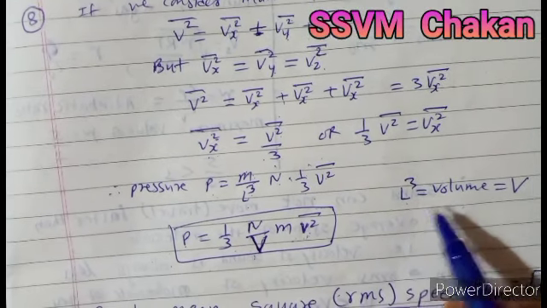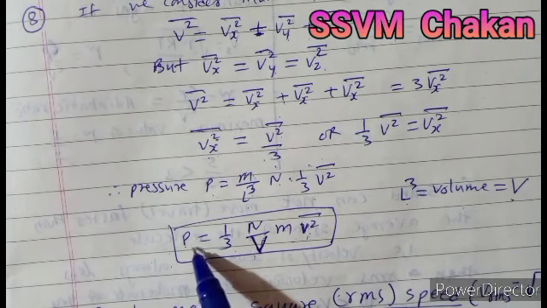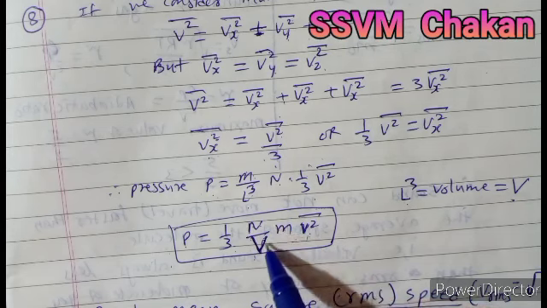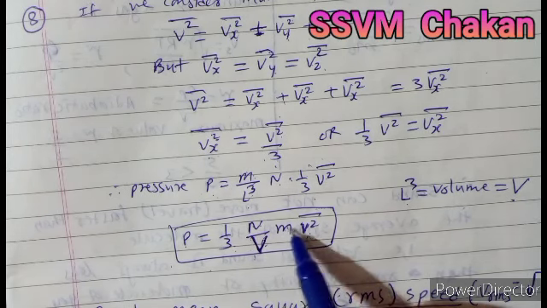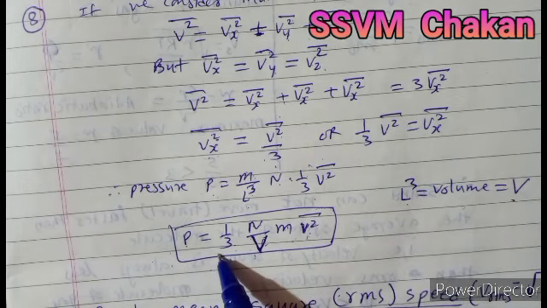L cube is nothing but the volume of the container, so the pressure is equal to 1 upon 3 N divided by V into m into v square bar. This much pressure acts on the wall of the container.